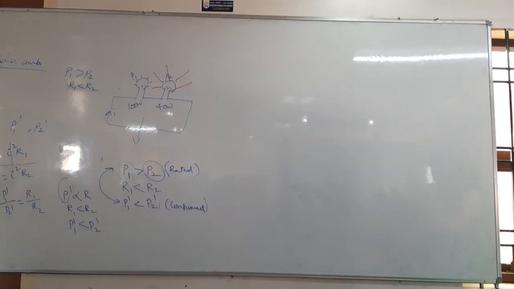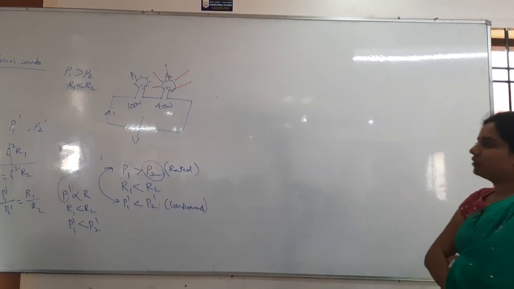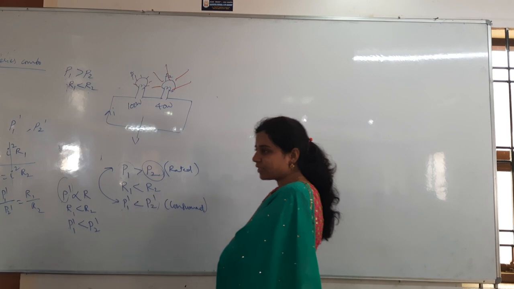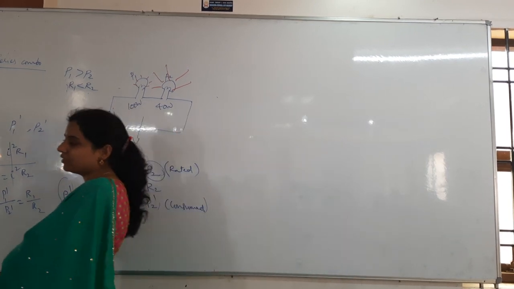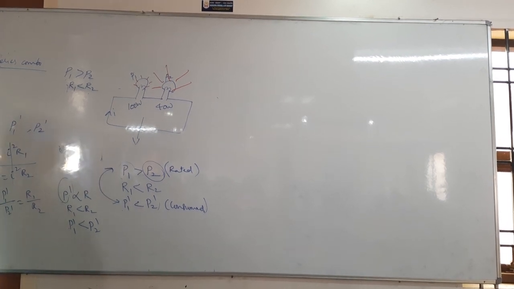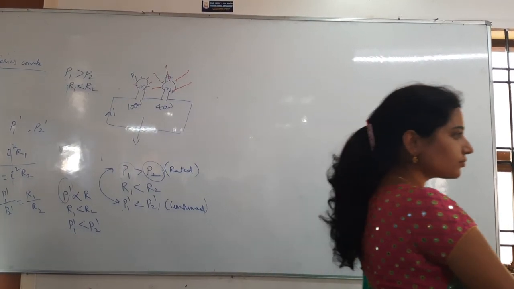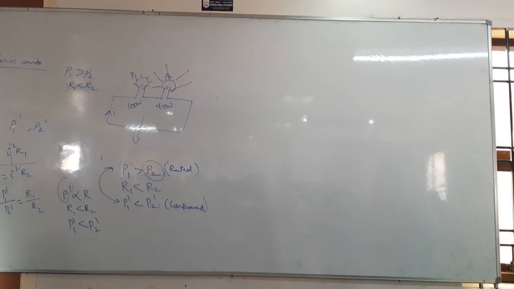And hence, write everything at a time. P1 greater than P2, in the same line, comma, R1 less than R2, comma, P1 dash less than P2 dash.